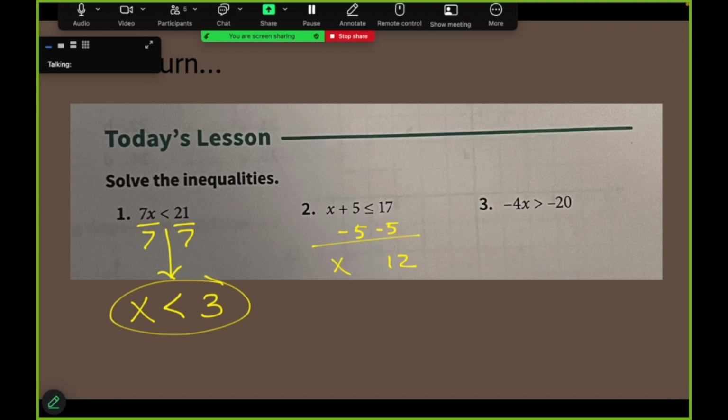That's right. So, Zeb, what I'm going to have you do, write yourself a note somewhere on your paper that says something like, when multiplying or dividing by a negative, switch.